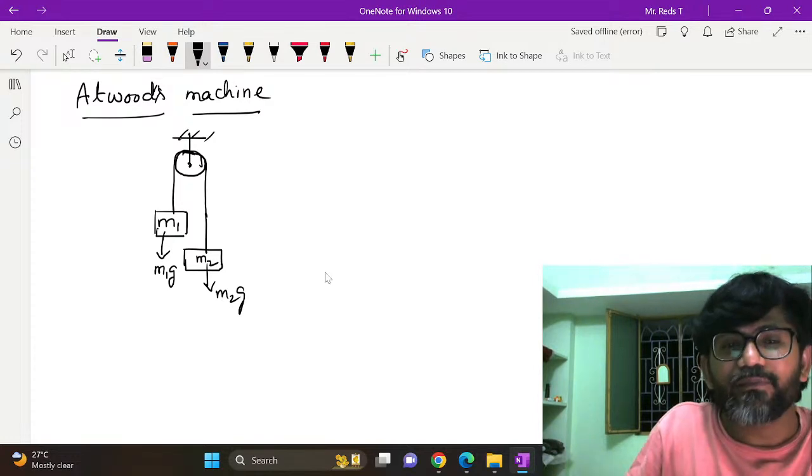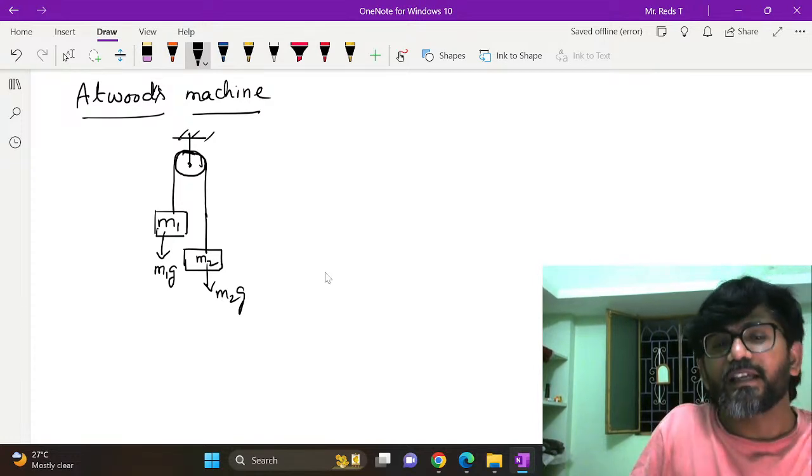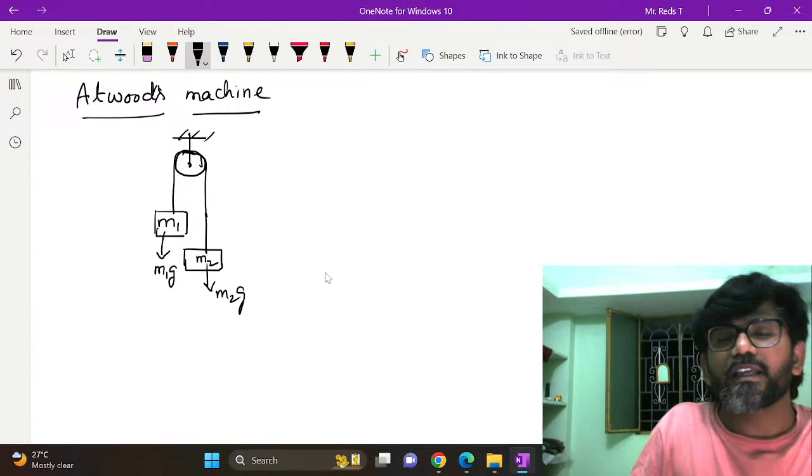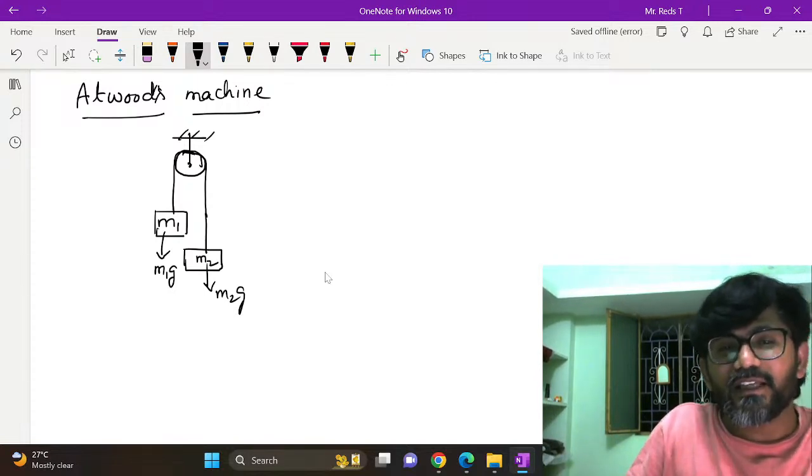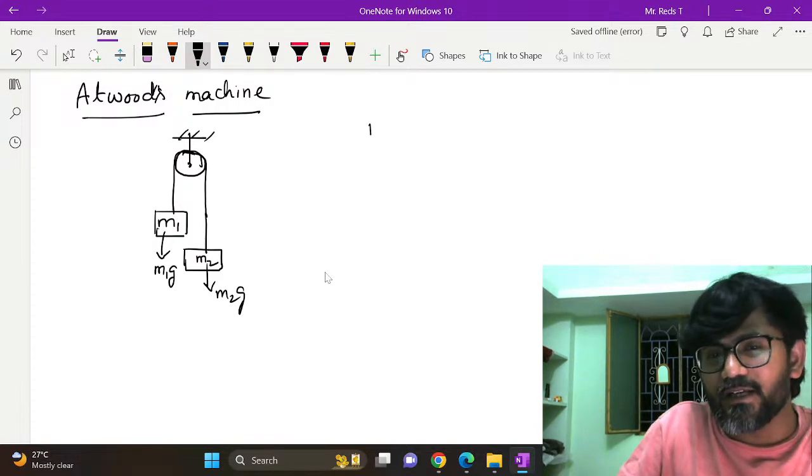In this kind of system, you have to remember that the string will be considered an ideal string.